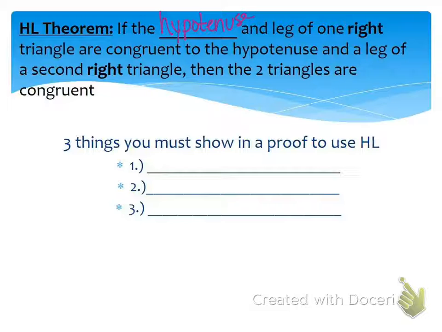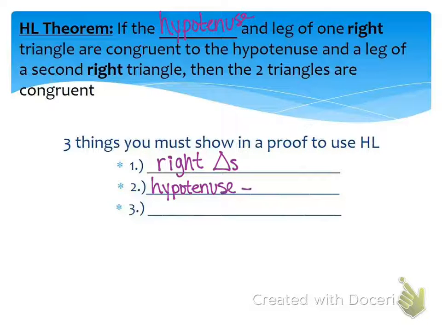Right. We need to know that we have right triangles. If we don't have right triangles, we cannot use this. Next, we need what they told us in that theorem. We need the hypotenuses to be congruent.